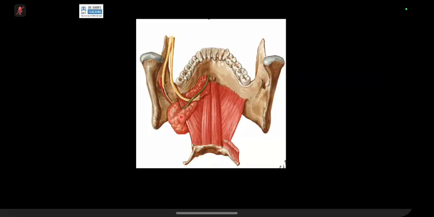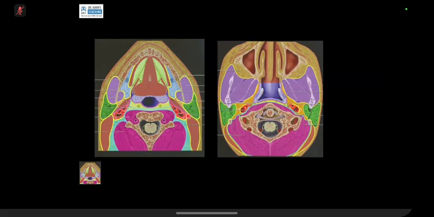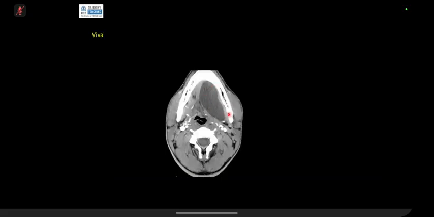In our case, there was nothing like that. So this is the sublingual space, and this is the submandibular space. This is a ranula. So what is a ranula, pathologically speaking?